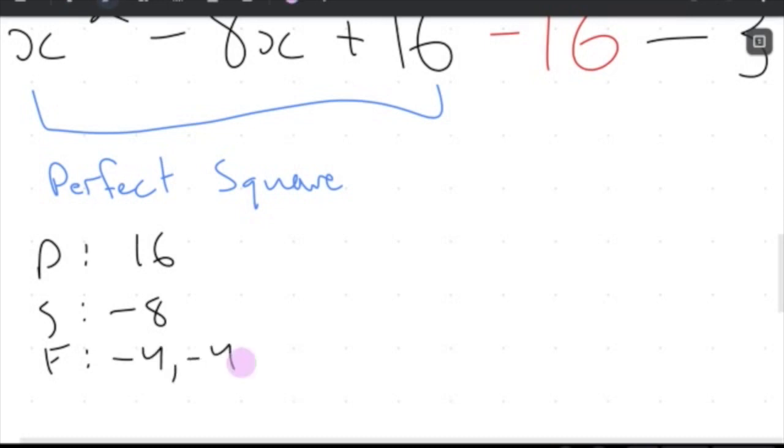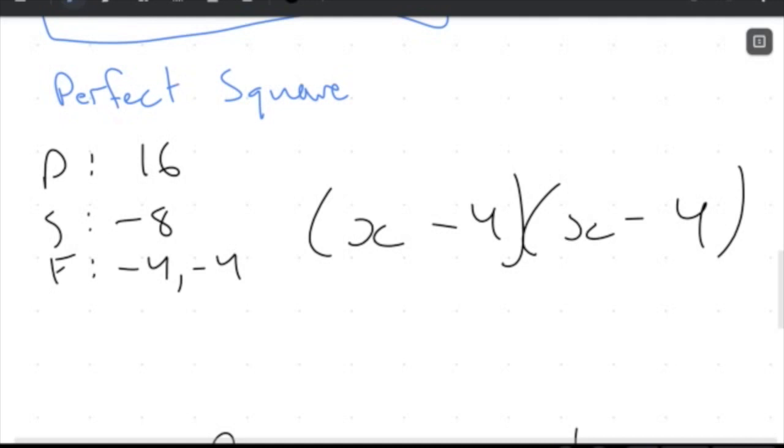So once again, these two here are exactly the same, and they always will be because that's a function of completing the square. That's essentially what we're doing. We're always going to get a perfect square here. So I can just go x minus 4 all squared.